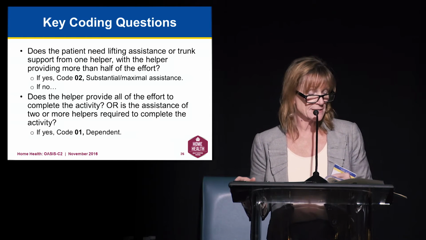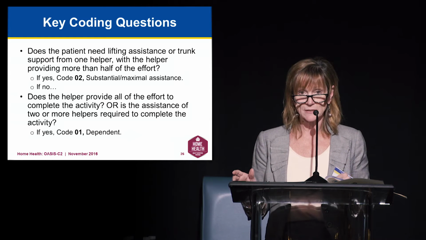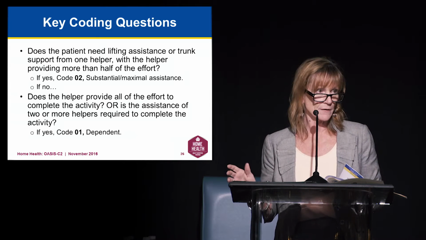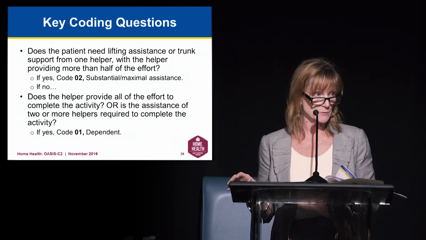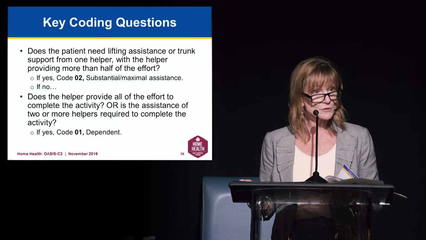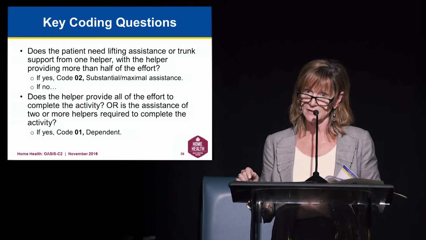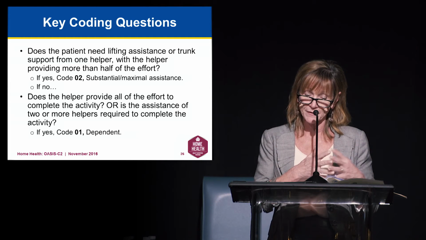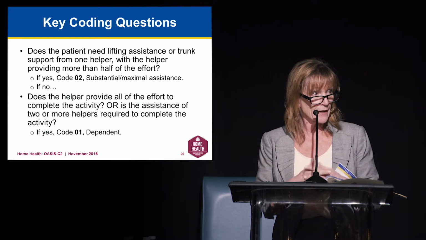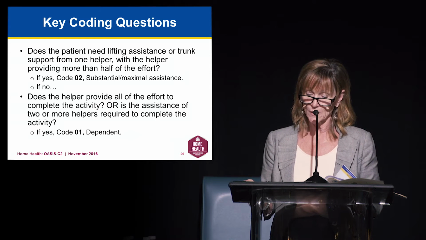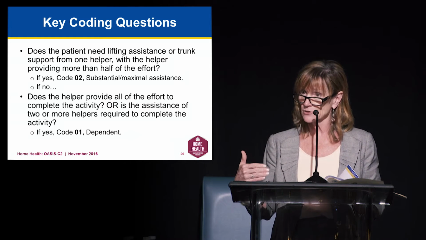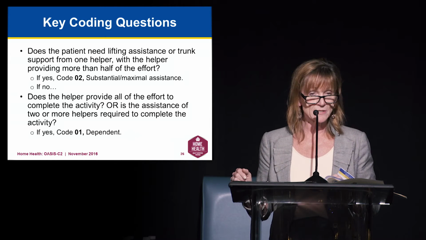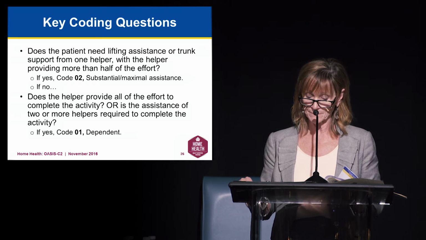And in contrast to that would be code 2. Does the patient need the caregiver to do more than half of the effort? So again, this is the distinguishing factor between 3 and 2. The nurses are really going to need to ask themselves this so that they can arrive at the proper code. When it's more than half, it would be a code of 2, which indicates substantial or maximal assistance, versus the code 3, which was the minimal assistance.